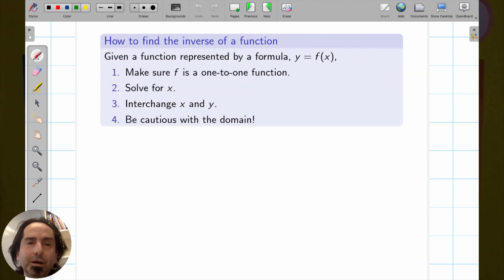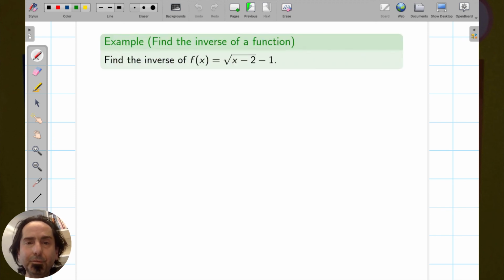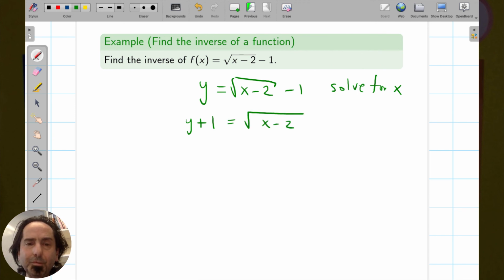And so here are the steps to find the inverse of a function. First, you have to check that it actually does have an inverse. We want to take this formula, solve for x, interchange x and y, and then think a little bit more about the domain. So I think we have one example here. We're going to write this out as y equals root of x minus 2, minus 1, and we're going to solve for x. So I'm going to add 1 to both sides. And I'm going to square both sides.